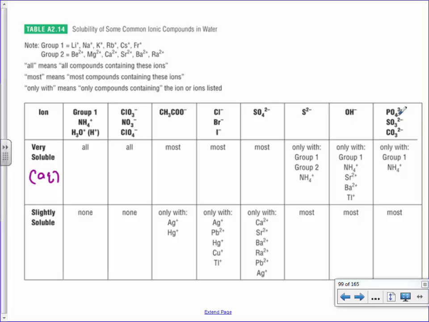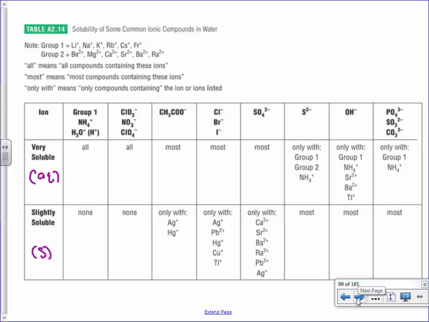Usually these along the top are anions. Then you want to figure out whether the cation is in the top row or the bottom row. If it's in the top row, it's probably aqueous. If it's in the bottom row, we usually write solid, because there is definitely a solid somewhere inside that container. I might even filter it out later today to show it to you, but I'm going to let it settle first.